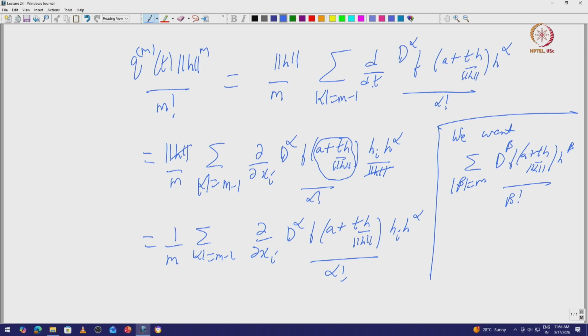Indeed, we are taking m derivatives of f here, we are taking m derivatives here as well. Basically, the point is to fix the multi-index beta.